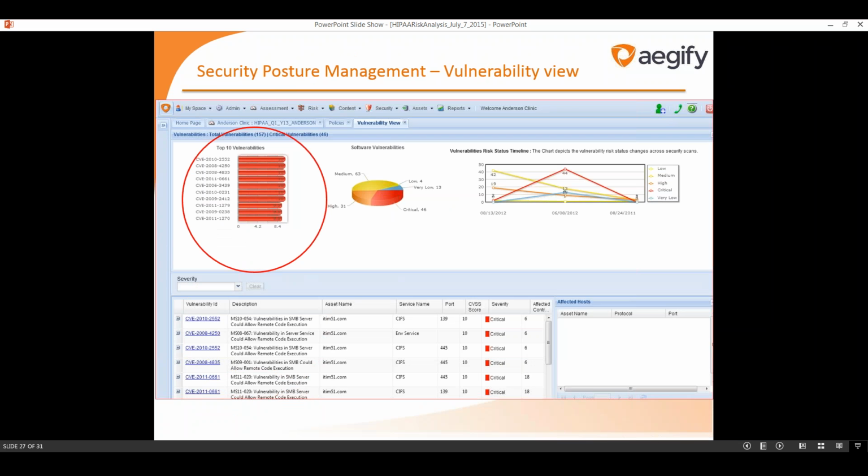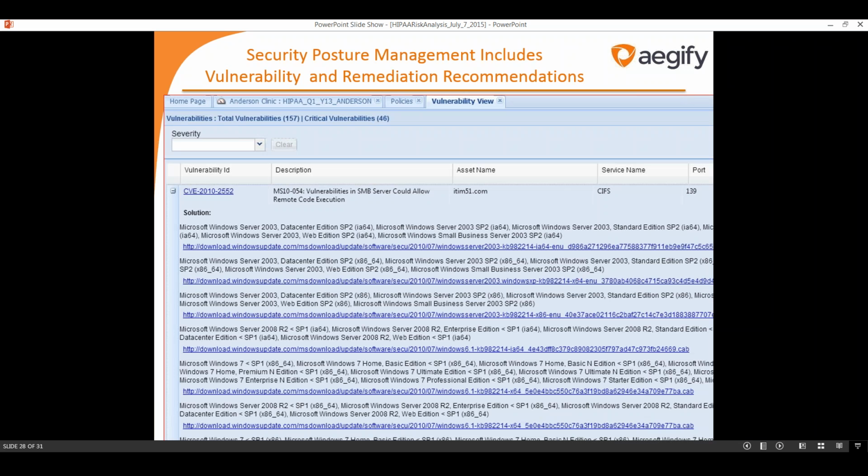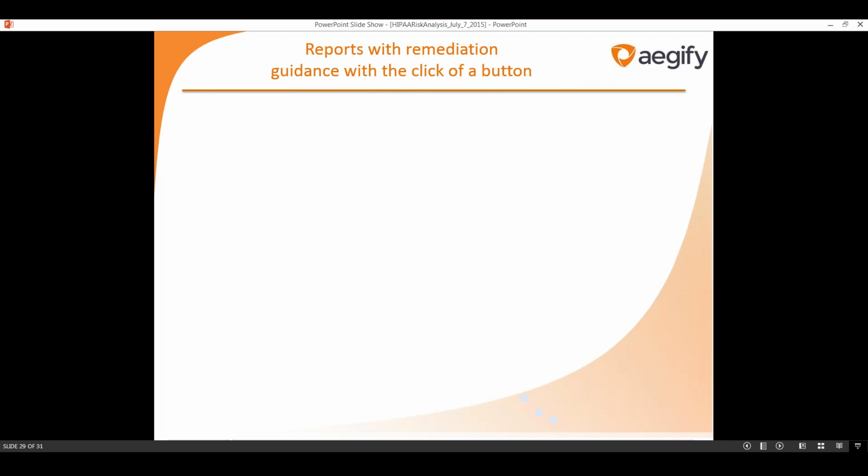You can also see the top vulnerabilities that exist in your system, and you can take action by downloading patches or fixing configuration issues that might be causing those vulnerabilities. So all of the information that you need to find the vulnerabilities, the weak links, and to fix them is included right in the tool.